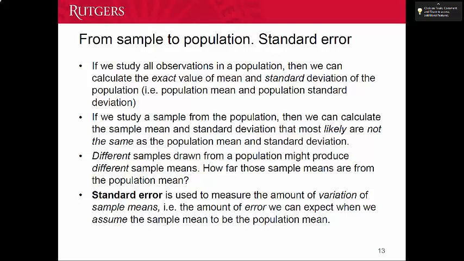So the question here is how far the sample statistics are from the population statistics. So here, standard error is used to measure the amount of variation of sample means. For example, the amount of error we can expect when we assume the sample mean to be the population mean.